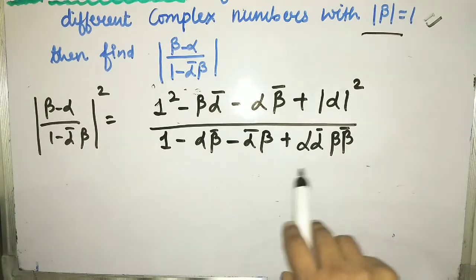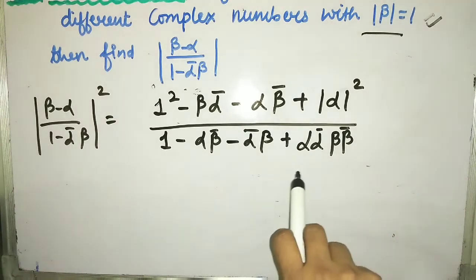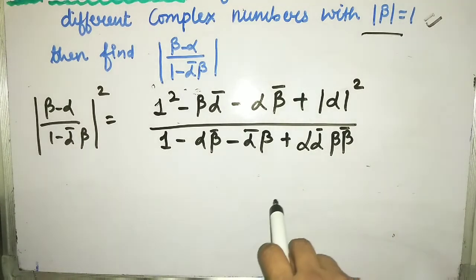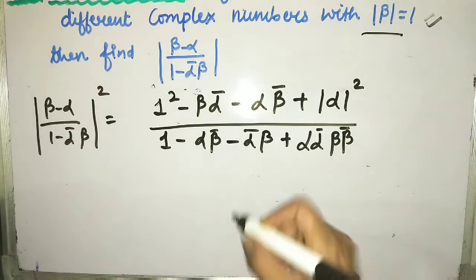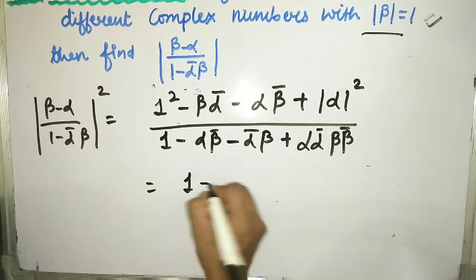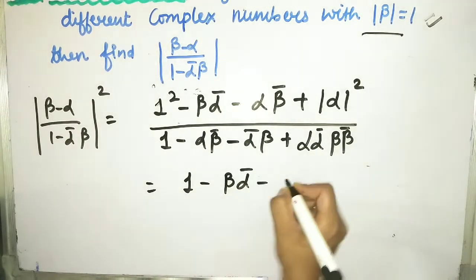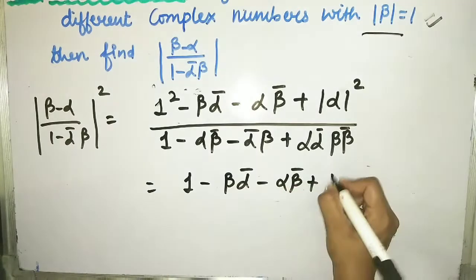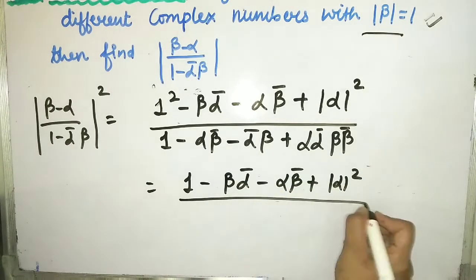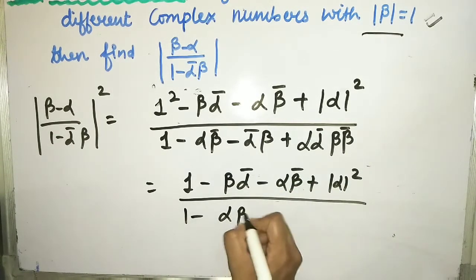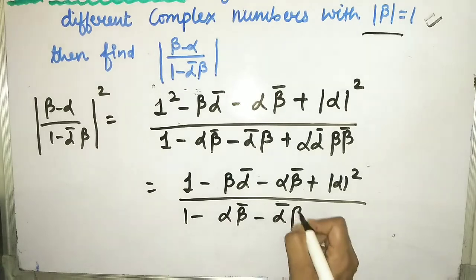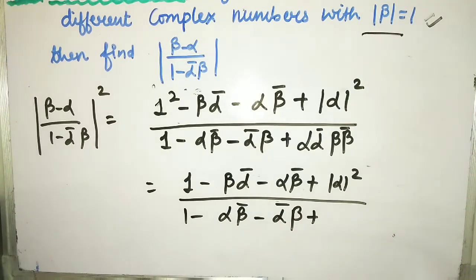Because I know alpha alpha bar is modulus of alpha square and beta beta bar is modulus of beta square. Okay, so let's have its values upon 1 minus. Now I think you are getting the idea that we are very near to our solution.